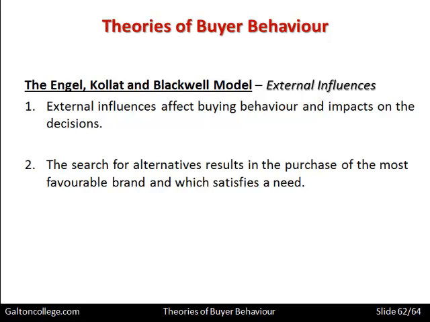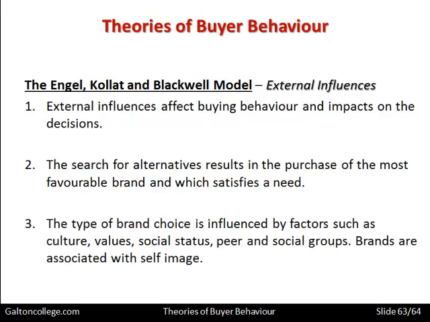But we also want to pick one with a favorable brand. We want one which is recognizable and recognizable as good quality. The type of brand choice is influenced by factors such as culture, values, social status, peer and social groups. Brands are associated with self-image.